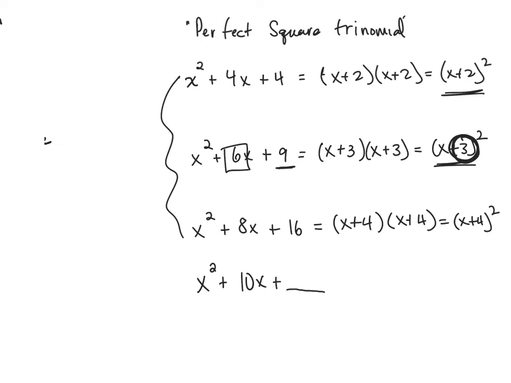And the pattern is we need to find a number that multiplies to itself here and adds to itself here. So this 10, for example, if we split it in half, 10 is 5 plus 5. So then 5 times 5 would be 25. And there is a small formula if you're the type that likes to use formulas or memorize formulas.